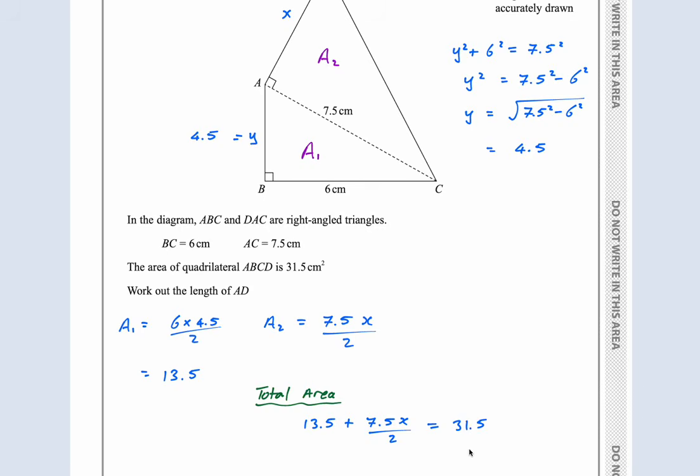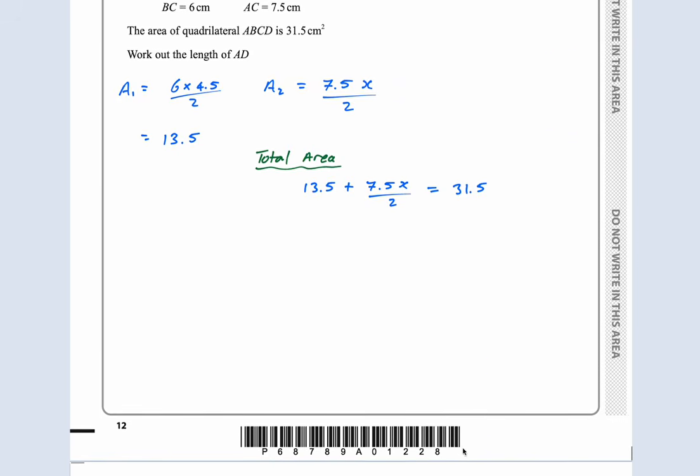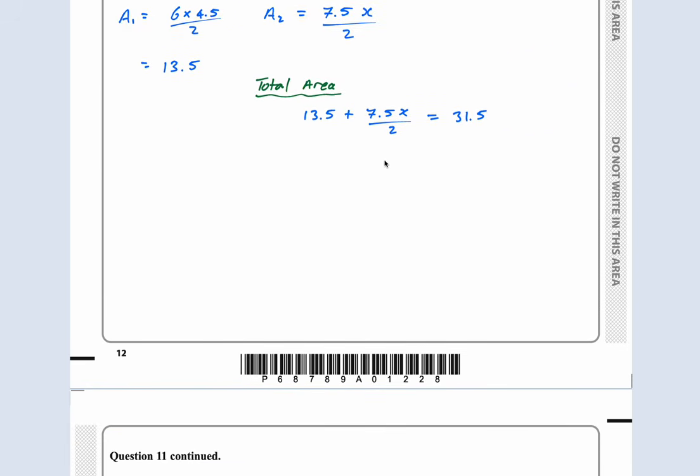And now I can just solve this equation. Let's subtract the 13.5, so 7.5x over 2 equals 31.5 minus 13.5, which is, again, hopefully I can do that in my head, 18. Multiply by 2, 7.5x equals 36. And then x is equal to 36 divided by 7.5.